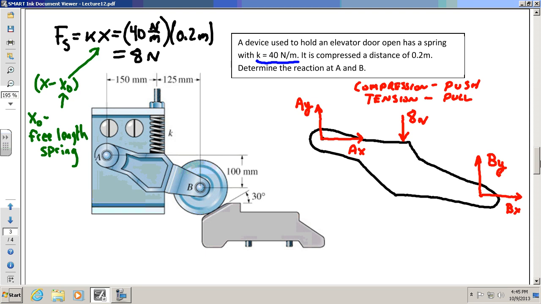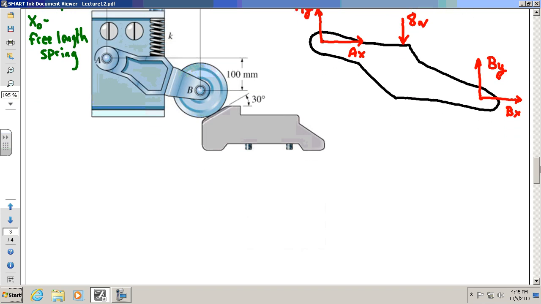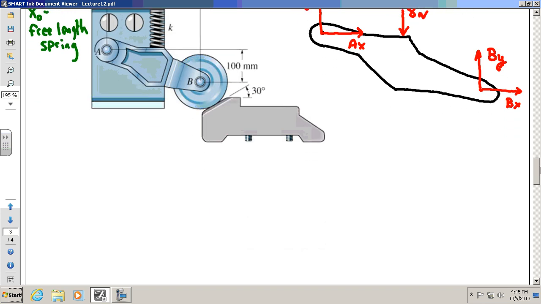You don't have to draw the free body diagram like this. Okay? Here, I'm going to show you another way to draw it. This way is going to be a little different. Okay? Here's what I'm going to draw this time.